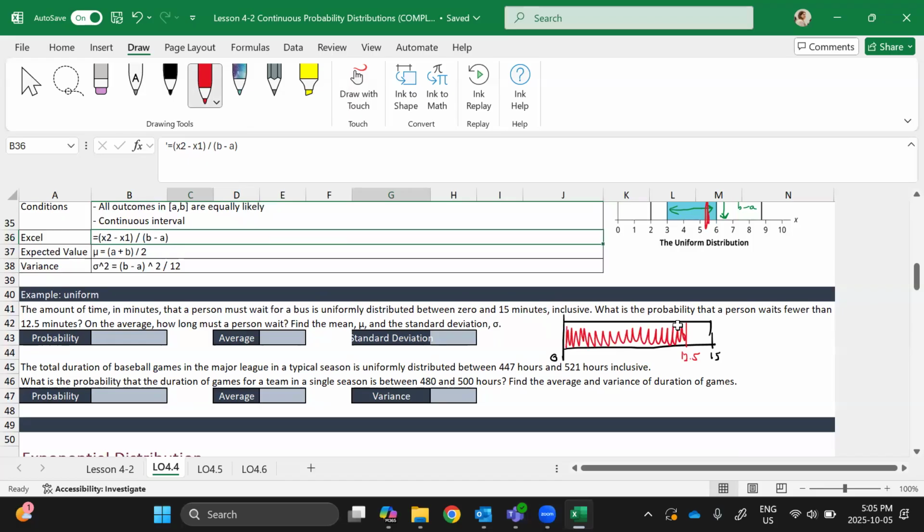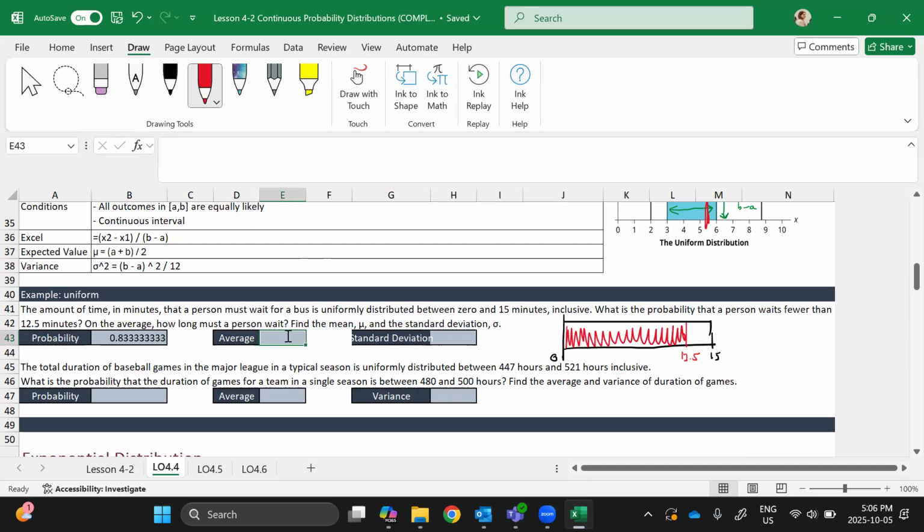To find that probability using a uniform distribution, you take the difference between the two values you're interested in, which in this case are 12.5 and 0, and divide it by the length of the rectangle, 15 minus 0. That probability will be 0.833333. So there's about an 83% chance that the person will wait less than 12 and a half minutes.